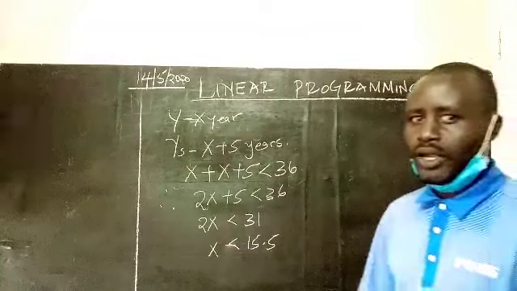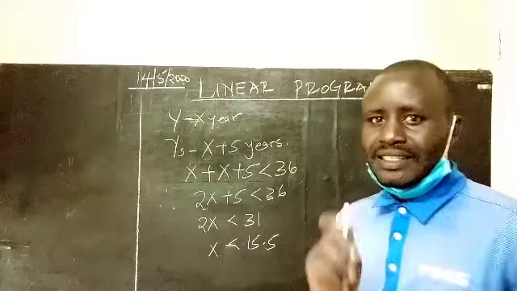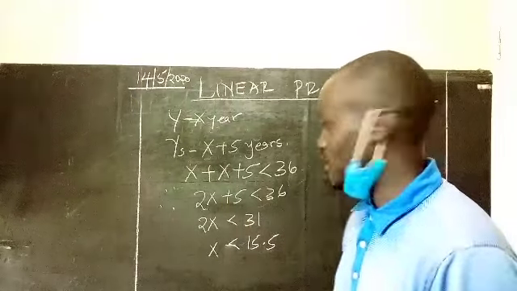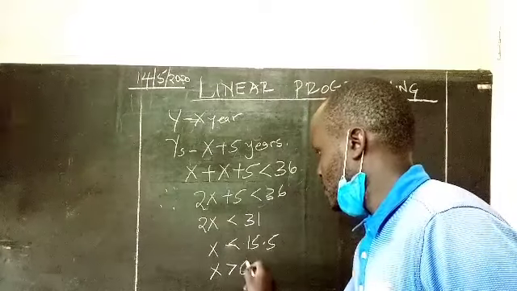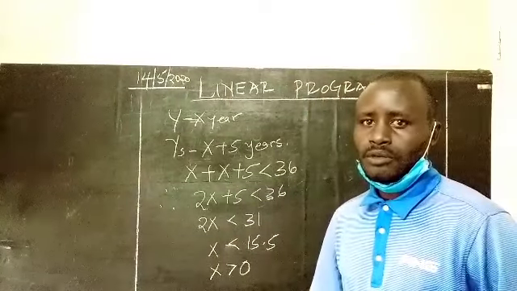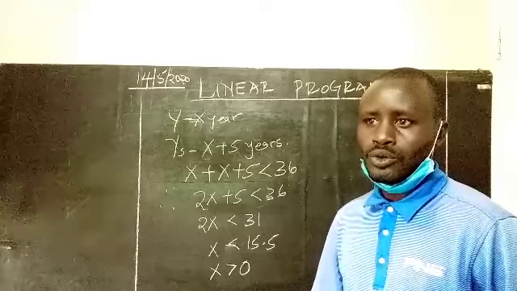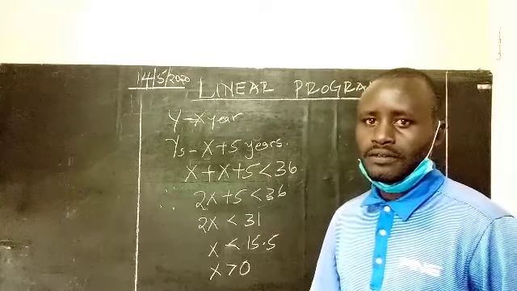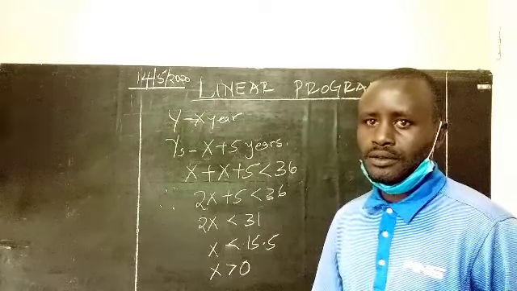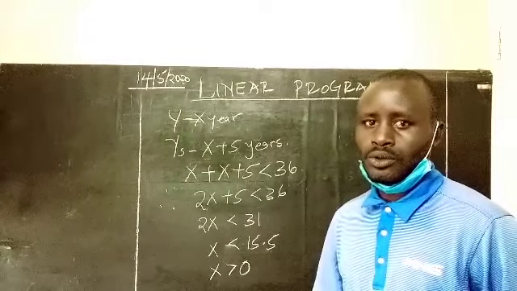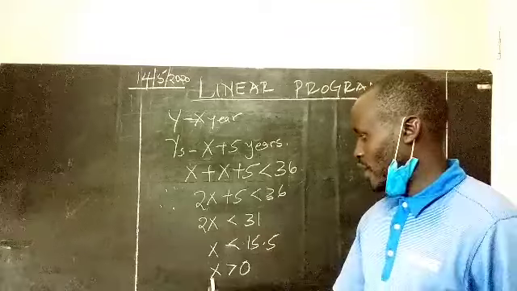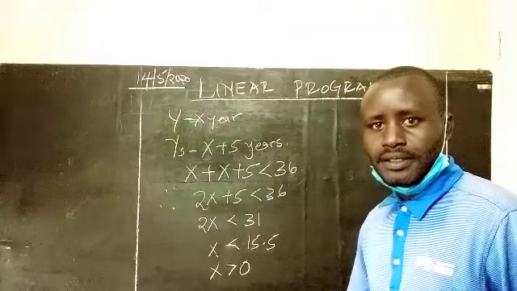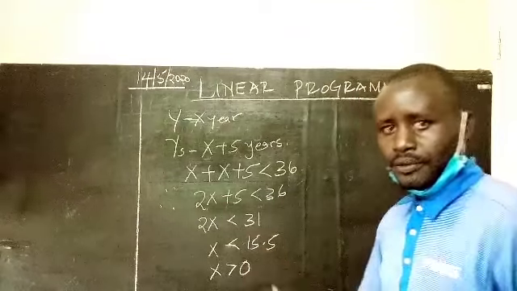And since we have another fact that years are positive, it means x must be greater than 0. Remember that there's nobody who has negative years. Since the day you are born, you'll always keep on adding years. So we have another inequality, and that is x is greater than 0.